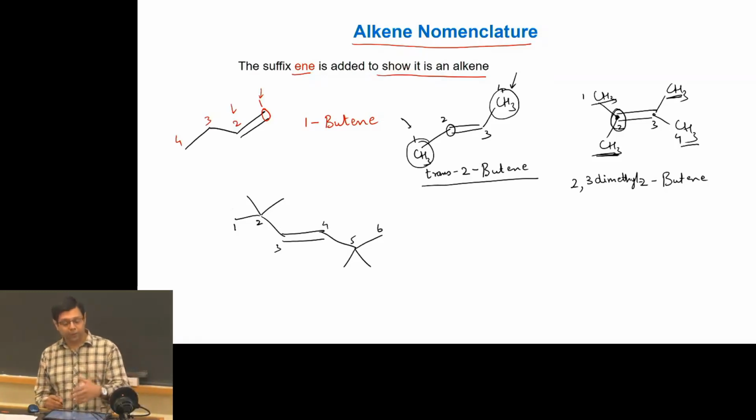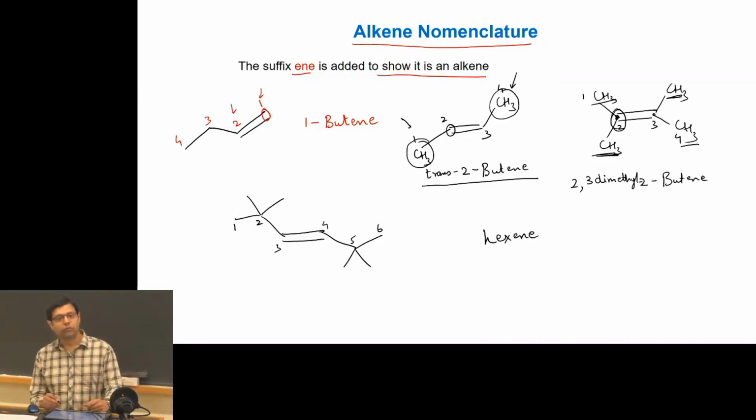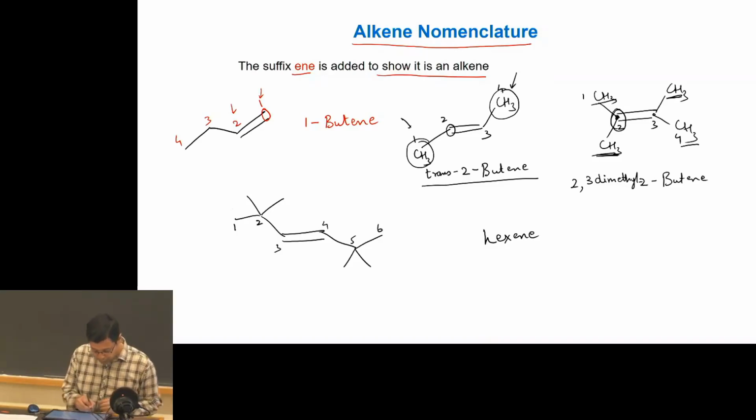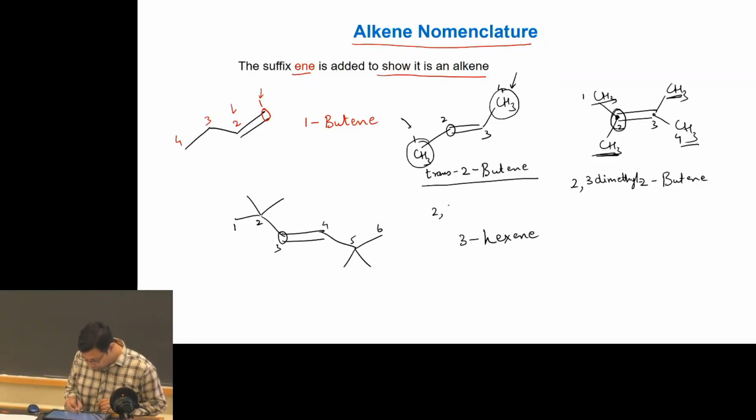So the longest hydrocarbon chain is 6-membered, so this is hexene. The position of the double bond starts at carbon number 3, so this is 3-hexene. Right? Let's now add the position of the substituents. You have 2, 2, 5, 5.